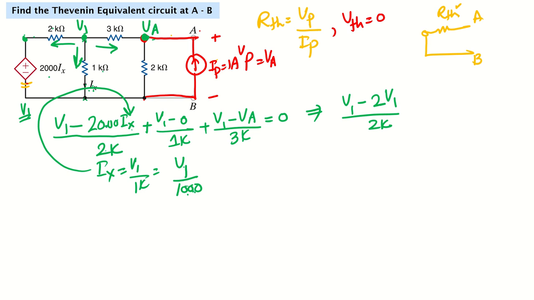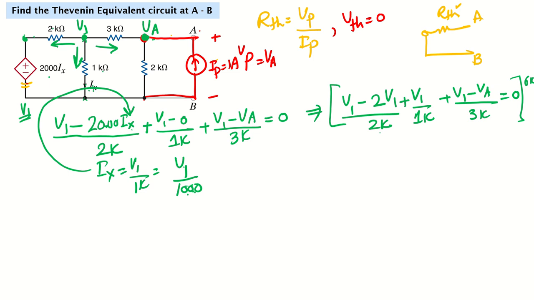The 1000 and 2000 cancel, and that becomes 2. So 2 times V1 plus V1 divided by 1K plus V1 minus VA divided by 3K is equal to 0. We can multiply this whole equation by 6K, just to make our analysis simpler.